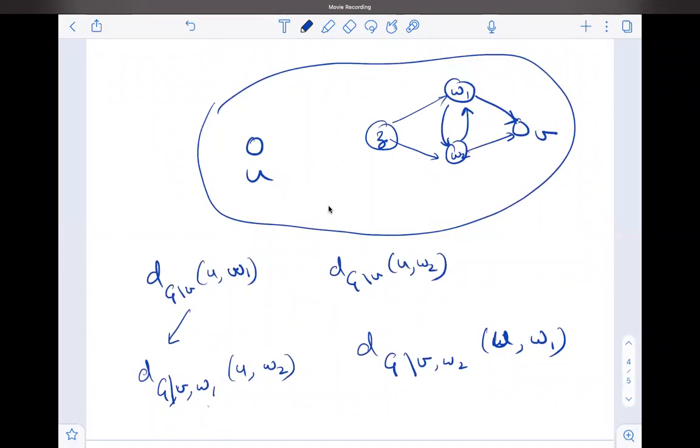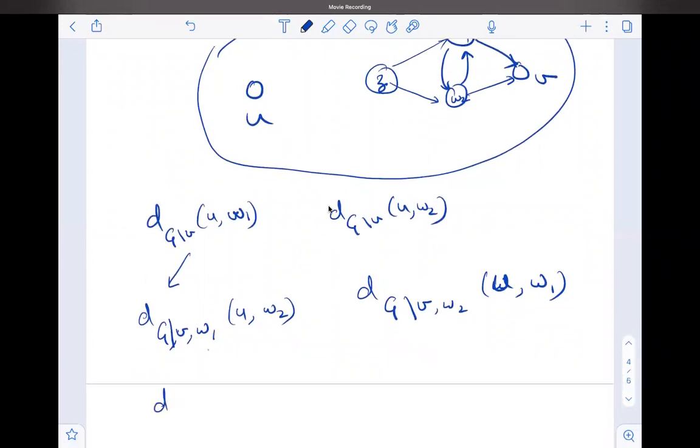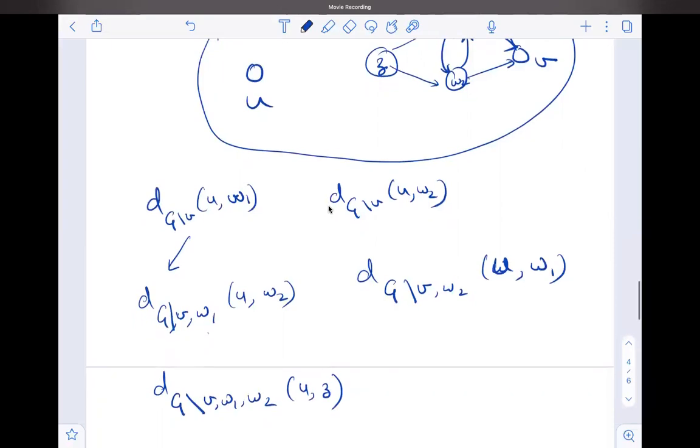W2 has a path to z, so I would be doing d of u, v1, v2, u2, z. This is a step that I have to do. I'm opening up the recursive computation tree, and this will be v again, w1, w2 and u to z. There will be other things, but this will be a path of the recursive stuff.